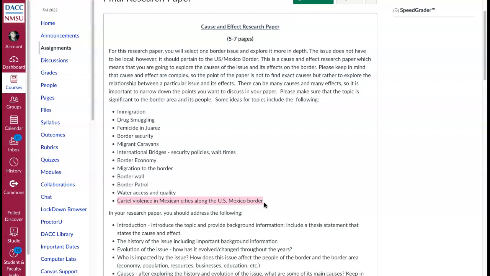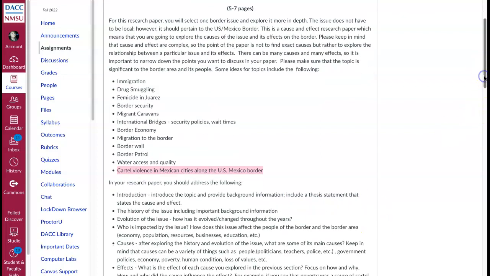A lot of companies went to Mexico. So you want to look at things like that, like NAFTA. You want to look at international policies as well, because those could be part of the causes. Now, keep in mind that you also want to include the effects. So what effect has poverty had on drug smuggling, right?